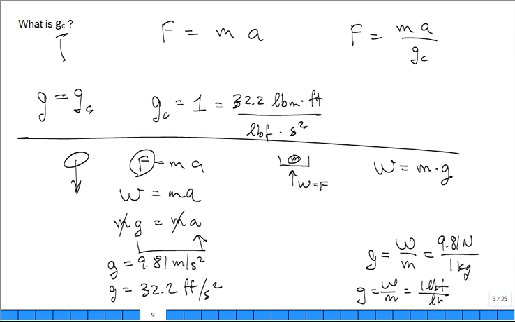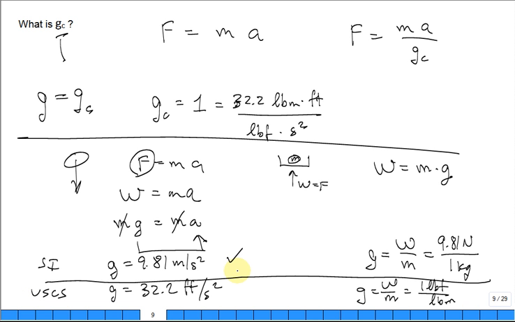1 pound mass. Did you know that G can be expressed in 4 different ways? 2 in the SI, 2 in the USCS. This one's really convenient in SI for acceleration. This is real convenient in the SI for weight.